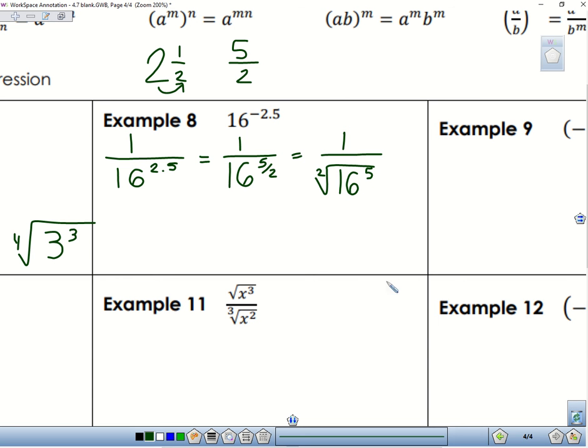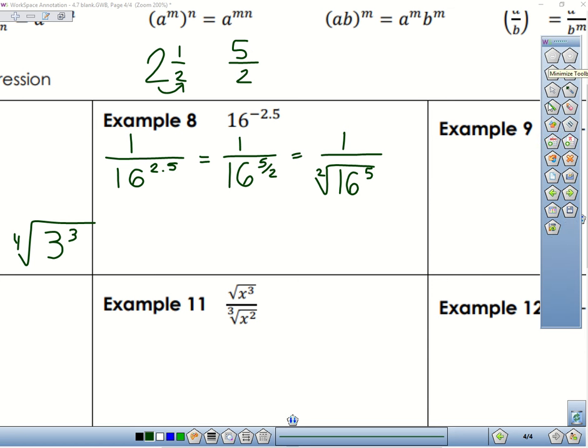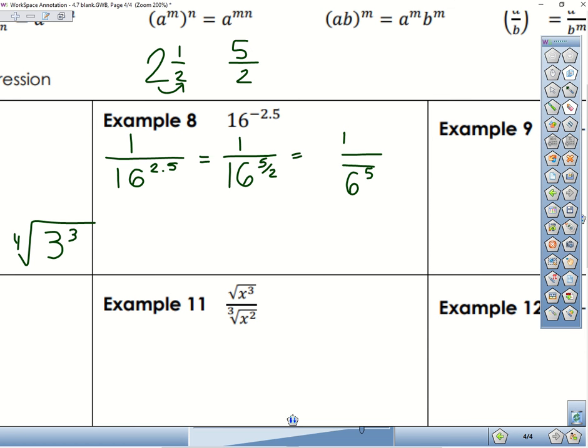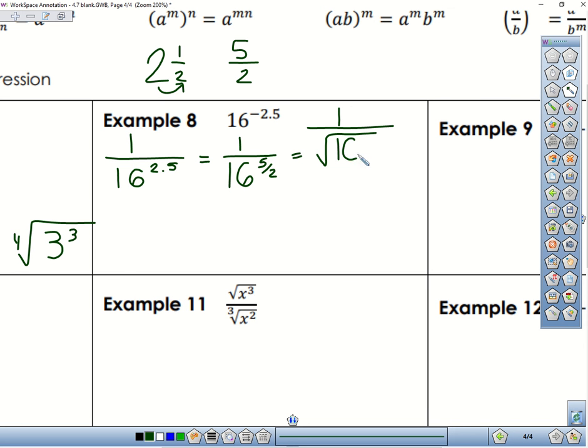Now, in this case, this will actually simplify, okay? Now, I wouldn't recommend putting 16 to the 5th power, I'm just erasing it to move it up higher so I have room, I wouldn't recommend putting 16 to the 5th power in your calculator. It's going to be really big, and then trying to factor that.